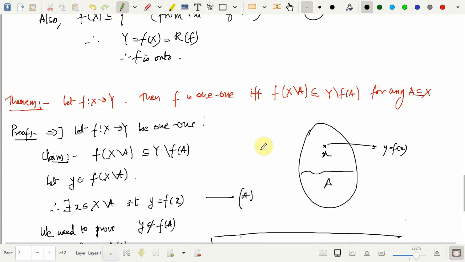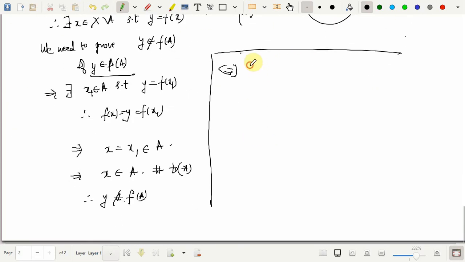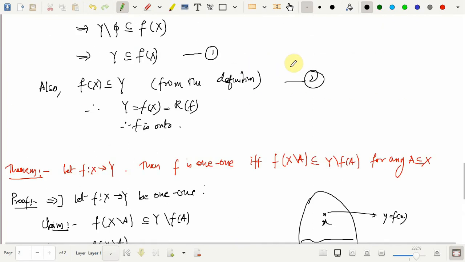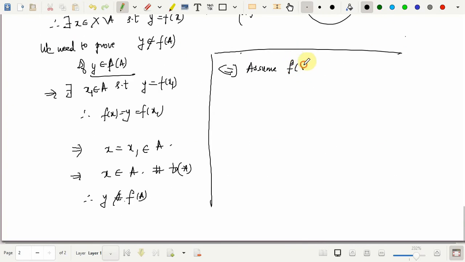So we assume that f of X difference A is contained in Y difference f of A for any subset A of X.